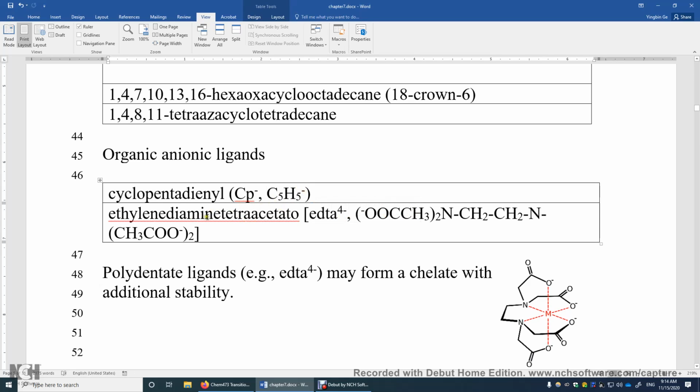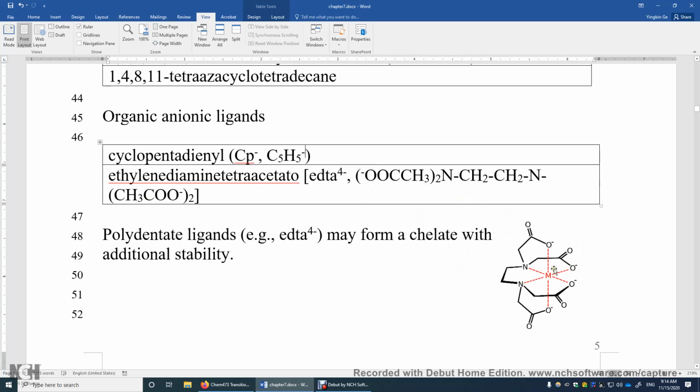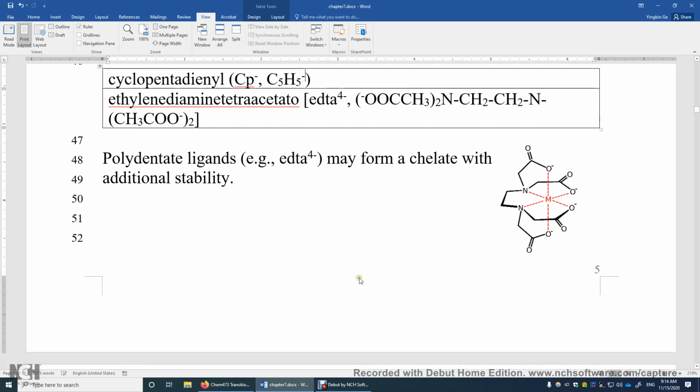EDTA, ethylene diamine tetraacetato. Now I'm going to show you the 3-dimensional structure here. This is the transition metal M. But in my lecture notes, sometimes you will see TM, transition metal, instead of just M. All right. So this transition metal is bonded to 4 oxygen here, and then 2 nitrogen here. This transition metal complex is extremely stable. We call this a chelate.